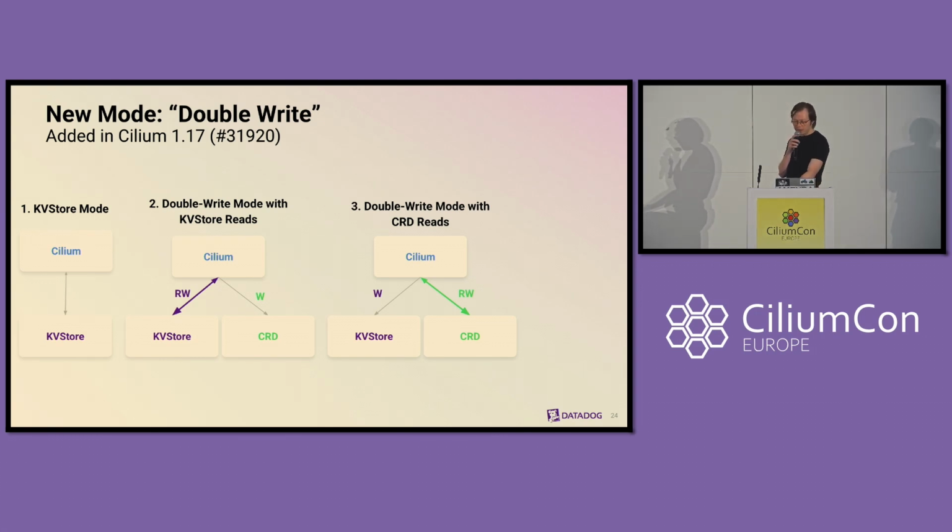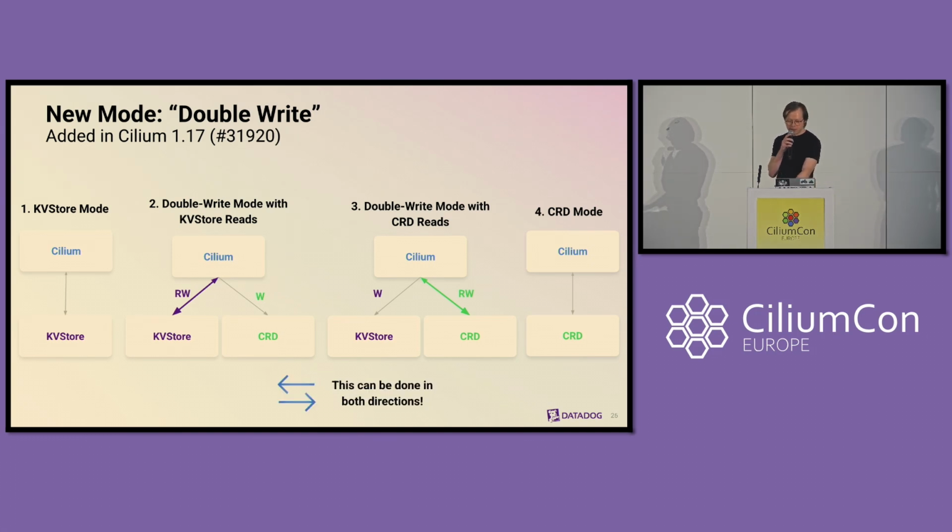And once everything runs smoothly, you can just cut the KVStore, and you end up with Cilium running in CRD mode with consistent identities. Just a quick note that at Datadog we did it in this particular direction, but nothing really prevents you from going the other way as well, if you need to.